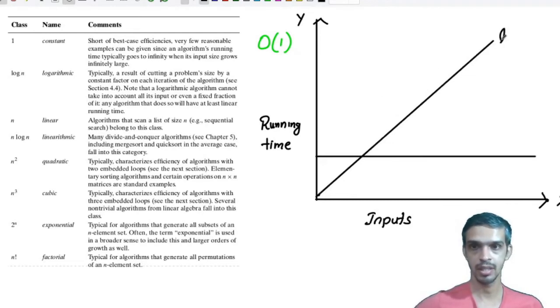This is linear. It is order of n. This is constant. That is order of 1.